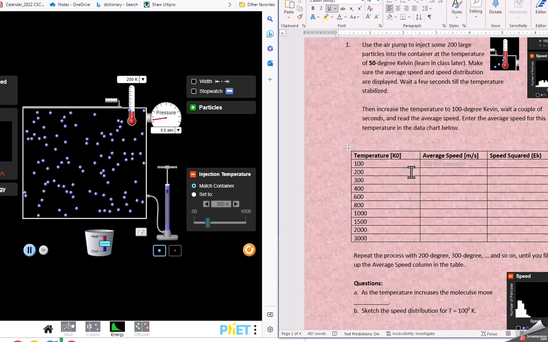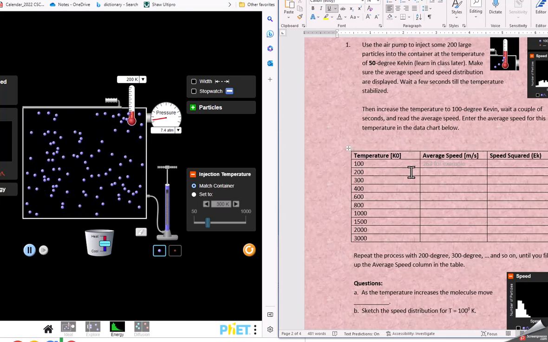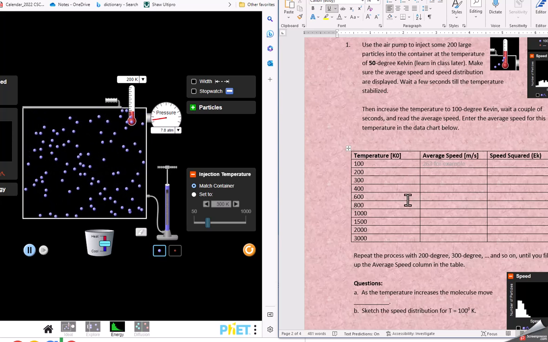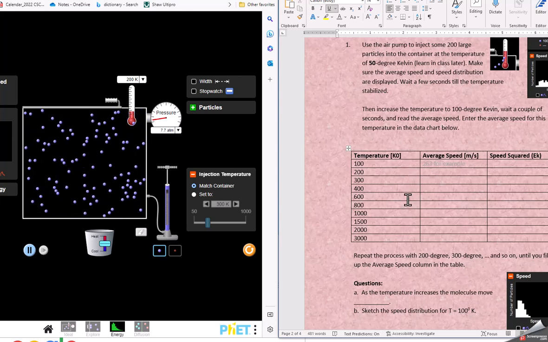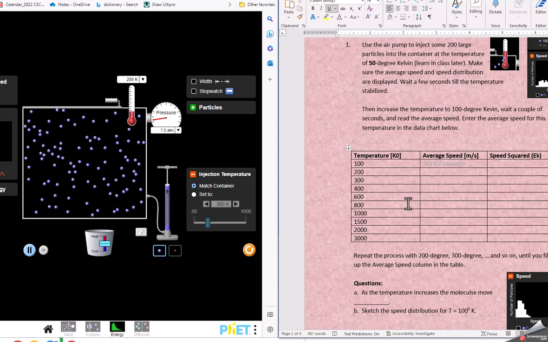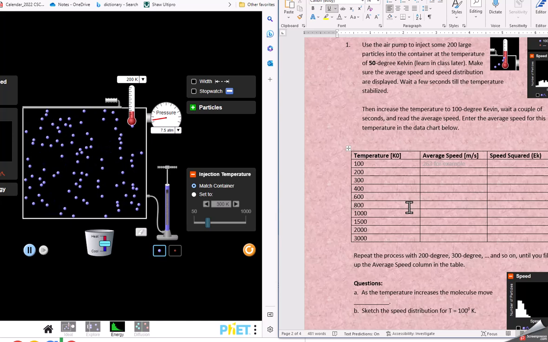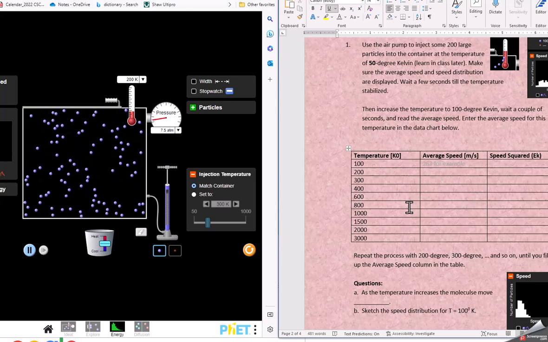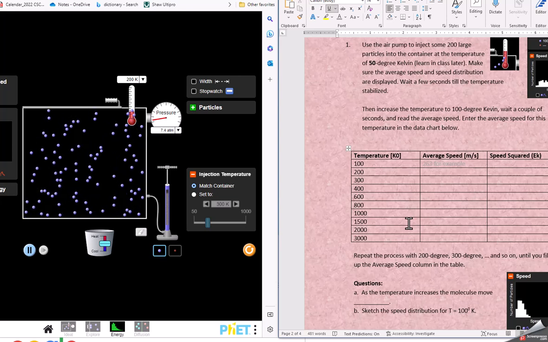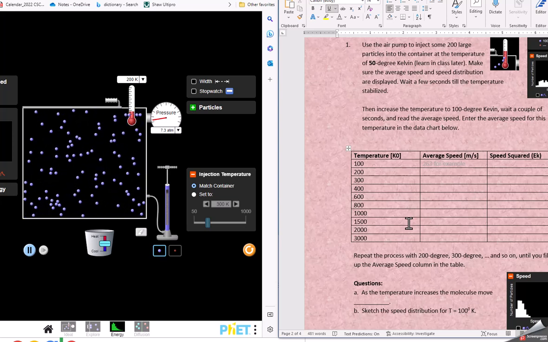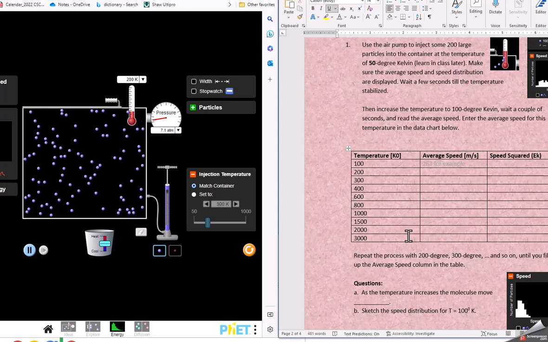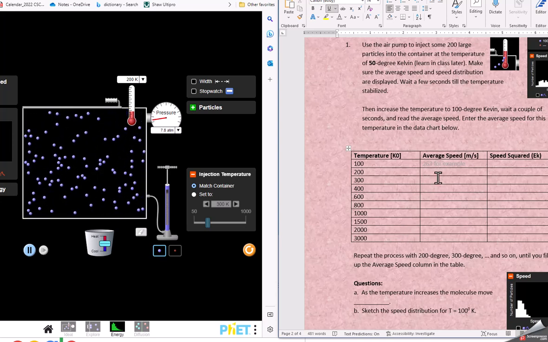Then keep going to 300, 400, and then you're probably tired of it, so you go 200 degrees at a time: 600, 800, then 1,000, then 1,500. You increase by 500, then another 500, and then another 1,000. So then this column fills up.